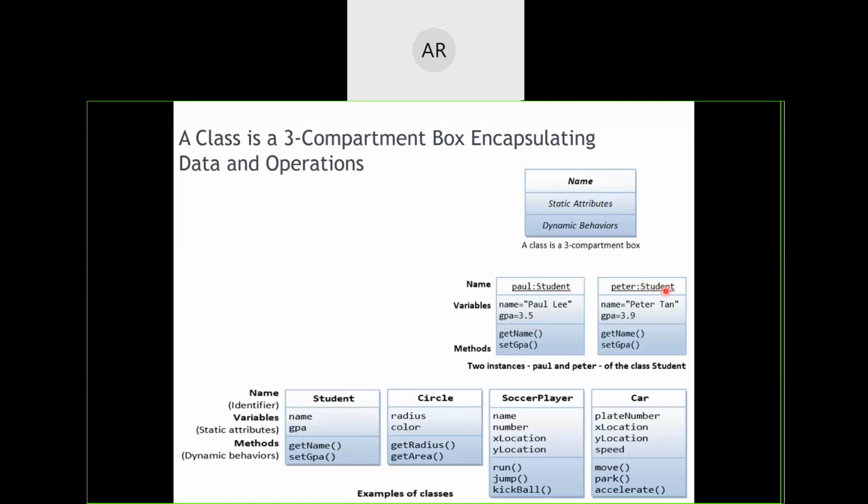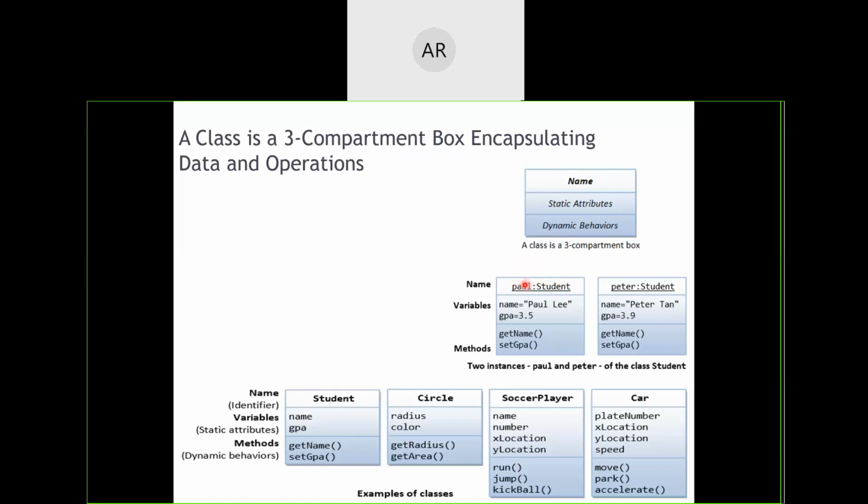Similarly, there is one more object called Peter student. And here I have written name as Peter Tan and GPA as 3.9. So what you are able to see here is that student is the class name. And before the colon, I have written the object name.